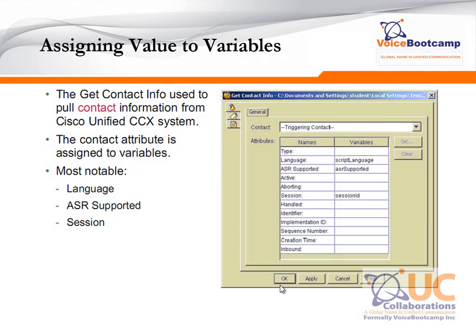Now, assigning values to variables. You can always assign values to variables, as we have just seen. I can assign GetDigitString to a variable, or the caller ID to a variable. The get call contact info step is used to pull contact info from the contact center system. Contact attributes are assigned to a variable, and then you can use those variables within your logic or various areas of your script.